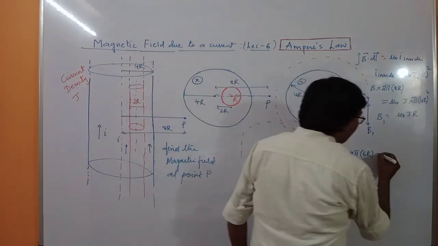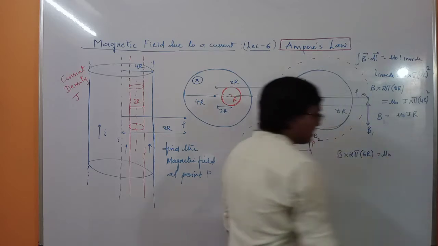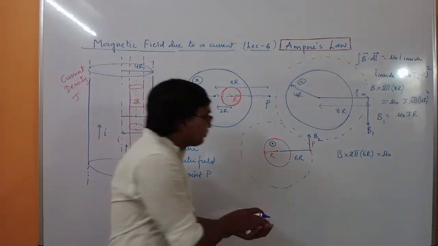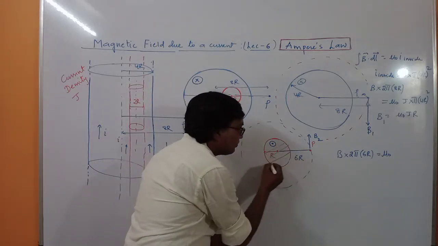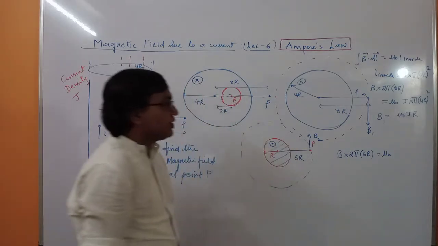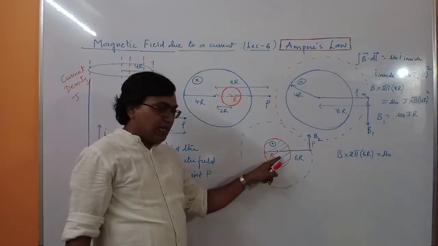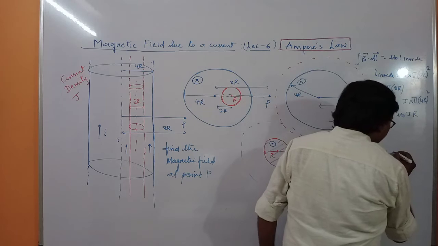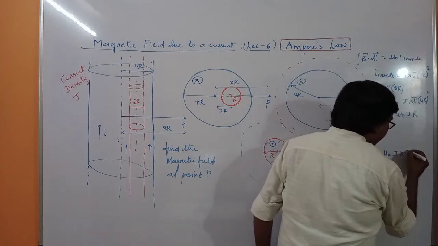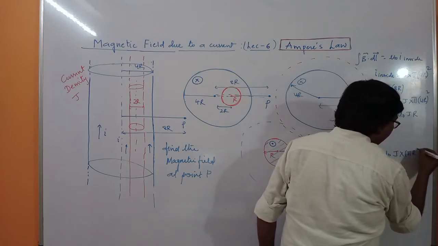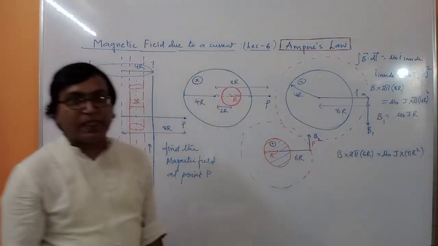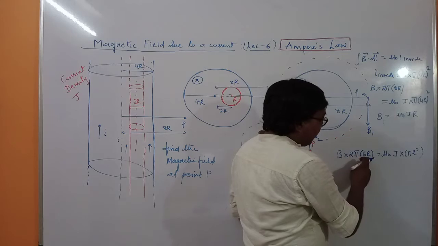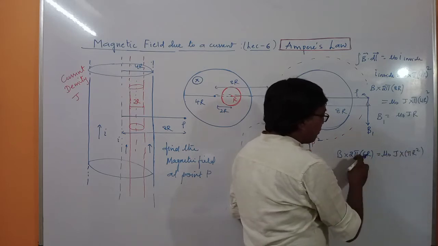That should be equal to mu naught times I inside, which is the current passing through this cross section. The cross sectional area will be pi r square. So mu naught J, current density into area, and the area is pi r square. Here we have pi r, here we have pi r square, so pi r will cancel.